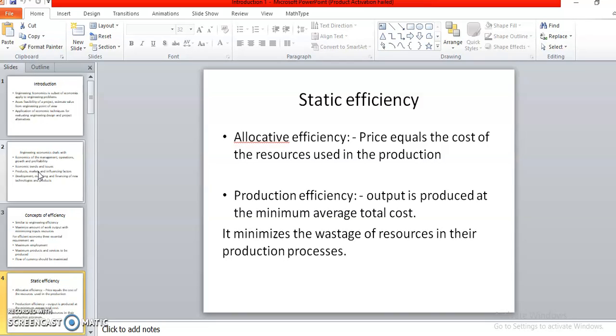Again, we differentiate this efficiency in terms of static efficiency. In static efficiency, we measure at a particular point of time. At that particular time, what will be the output and what will be the internal resources, we can correlate, and that is nothing but static efficiency.